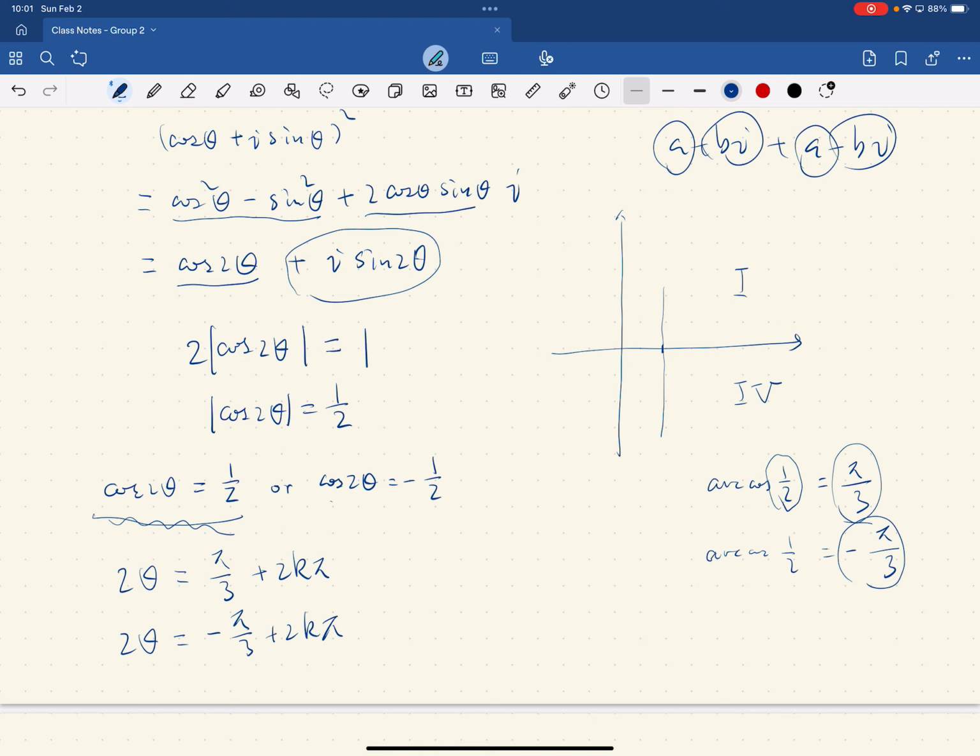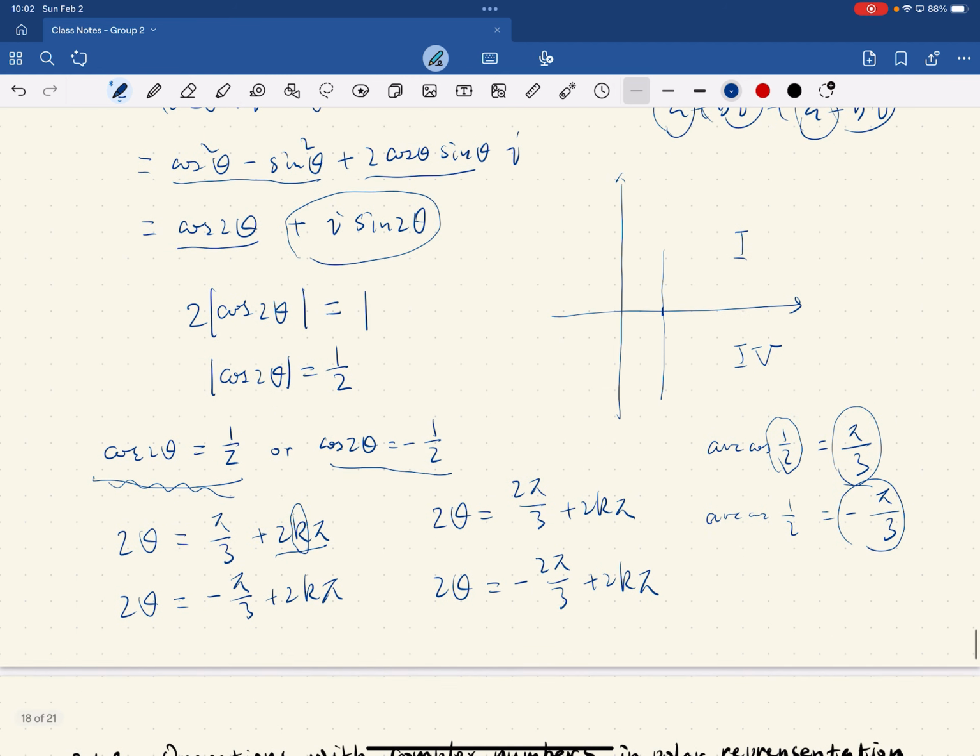And the other case, when this is negative 1/2, we have 2 theta equals 2 pi over 3 plus 2k pi, or negative 2 pi over 3 plus 2k pi. Then you just take values of k, right? So make k equal to something that makes sure the result is within 0 to 2 pi.